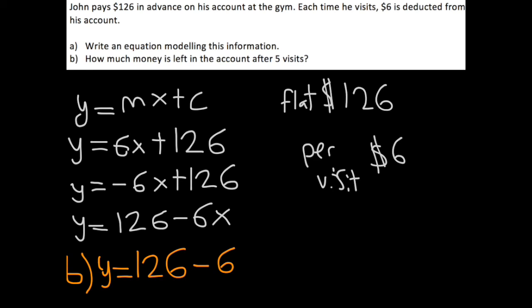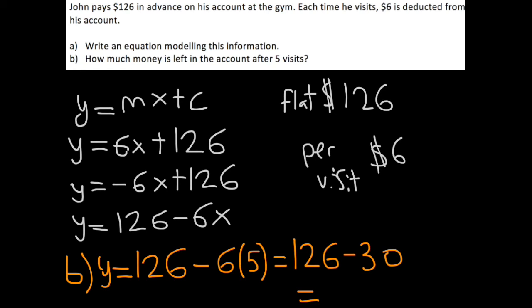And in this equation, our x is going to stand for the number of visits, and we know that there's 5 visits, so we'll substitute 5 into our value of x. That's going to give us 126 minus 30, and that's going to give us $96 left in the account.